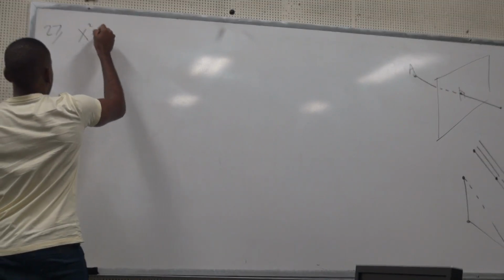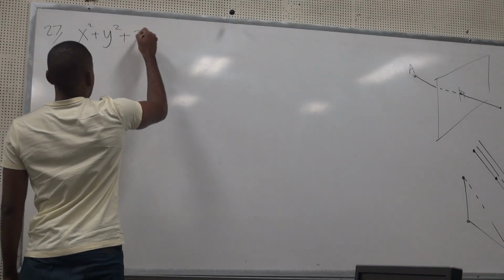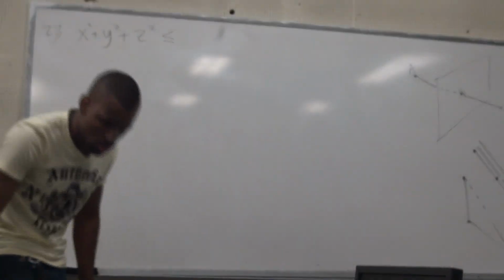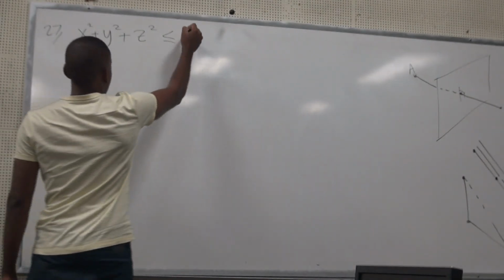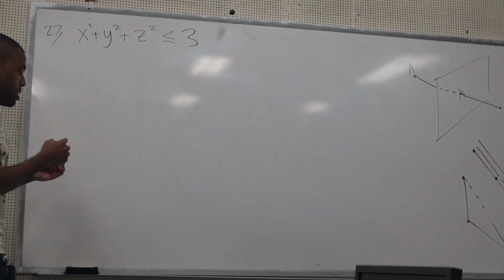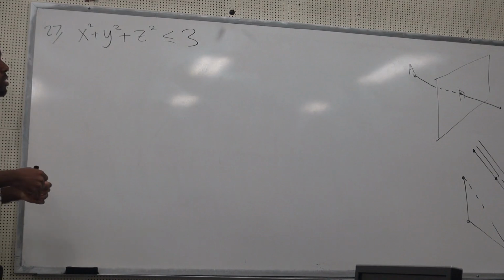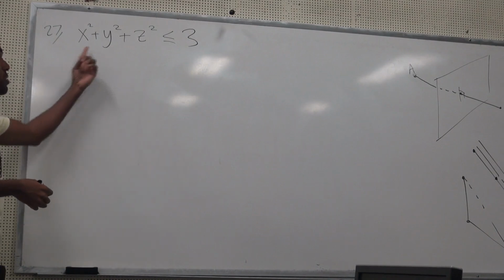What is that? x squared plus y squared plus z squared less than or equal to 3. Yeah, we actually did something similar. What do you think that is? It looks like the equation of a sphere, right?